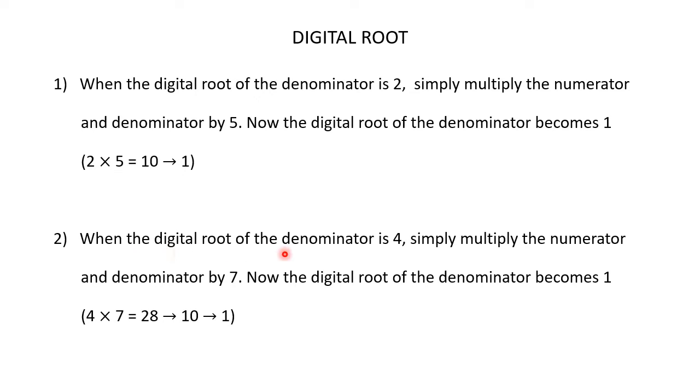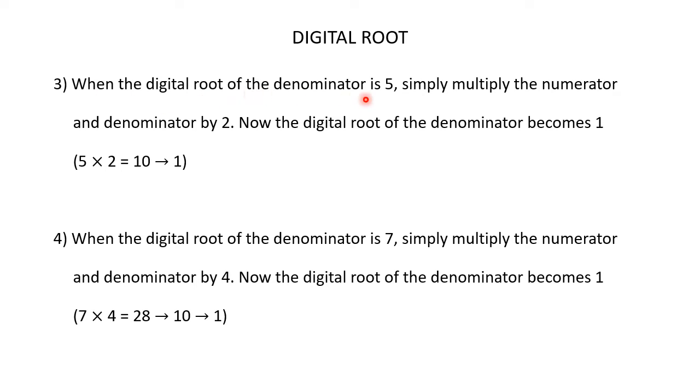Now when the digital root of the denominator is 4, simply multiply the numerator and the denominator by 7. Now the digital root of the denominator becomes 1 because 4 multiplied by 7 is 28 and 2 plus 8 is 10 and 1 plus 0 is 1. So 1 is the digital root of the denominator.